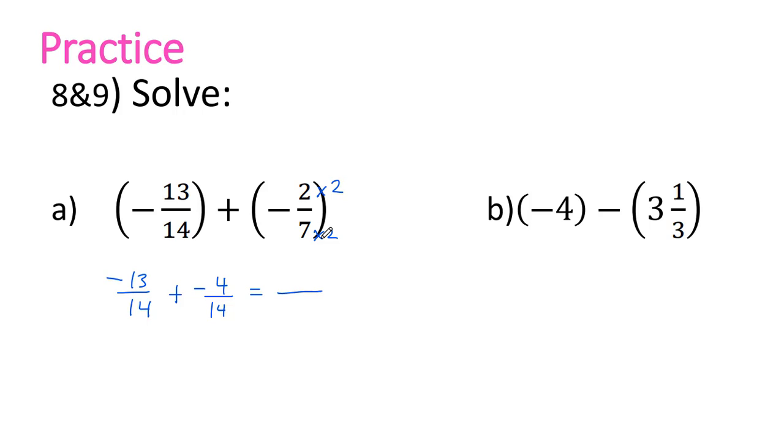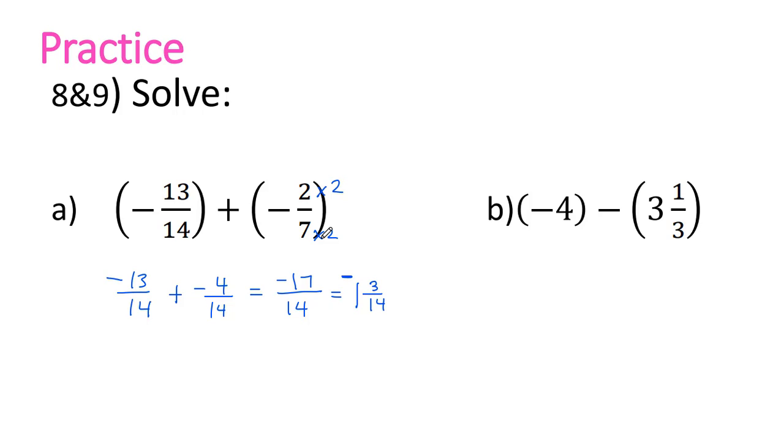So the denominator stays as 14, and the negative 13 plus negative 4 results in a negative 17. From here I can change to a mixed number. 14 goes into 17 once, and this is going to be a negative 1, and we have 3 remaining out of 14, so a negative 1 3/14.